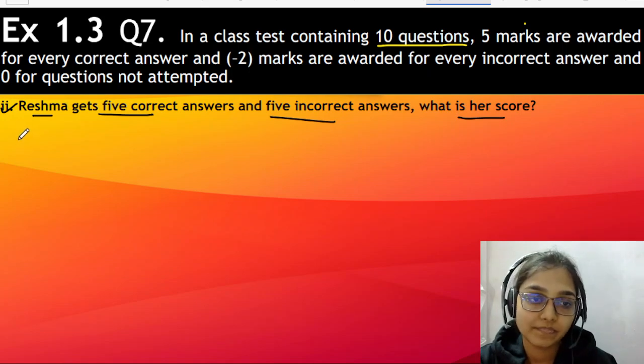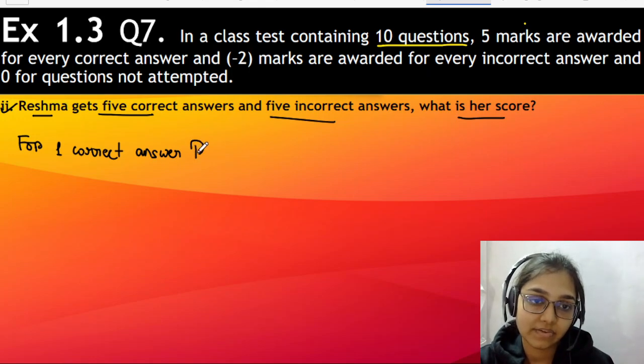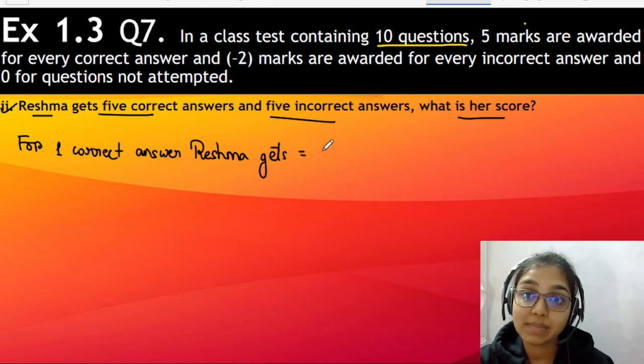So over here, for one correct answer, Reshma gets how many marks? It's 5 marks, right? Reshma gets 5 marks.